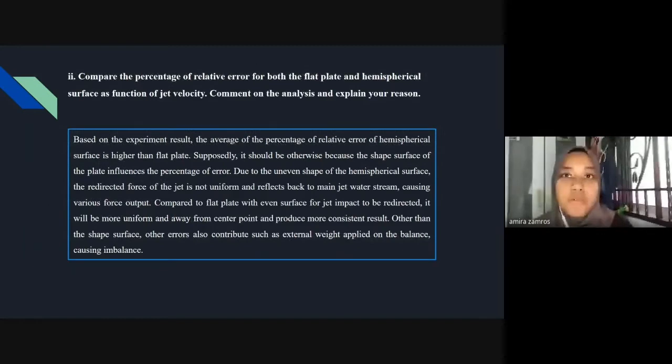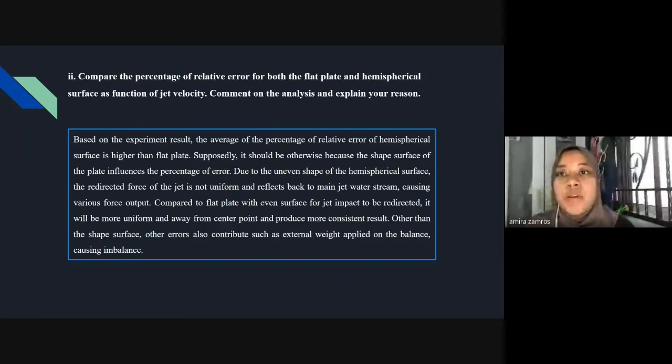Okay, the next question for discussion is to compare the percentage of relative error for both the flat plate and hemispherical surface as a function of jet velocity. Based on the experiment result, the average percentage of relative error for the hemispherical surface is higher than the flat plate. Supposedly, it should be otherwise because the shape of the plate surface influences the percentage of error.